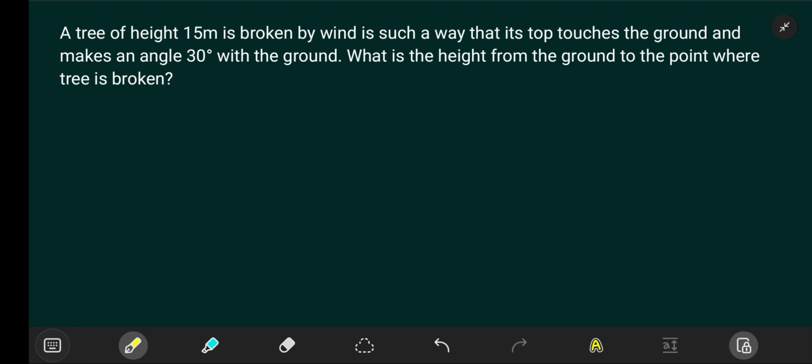Tree is broken. What the question is saying, there is a tree.